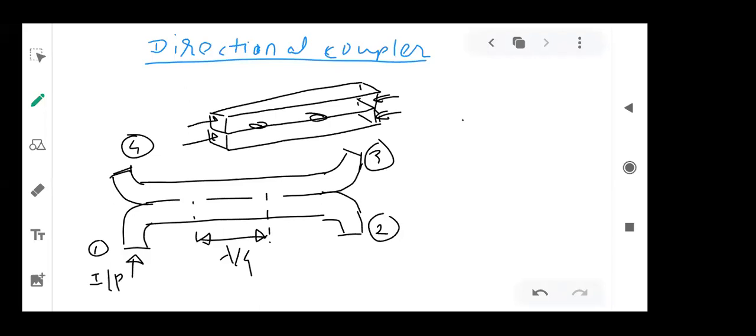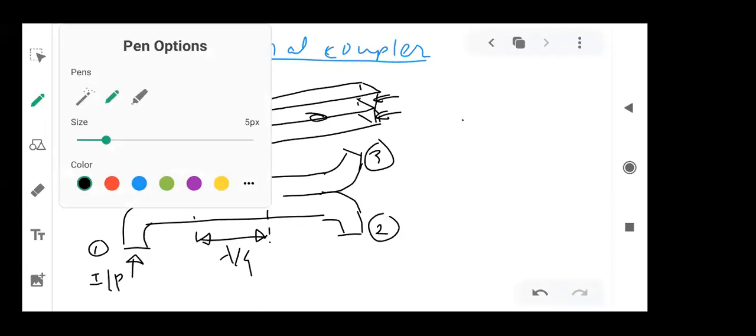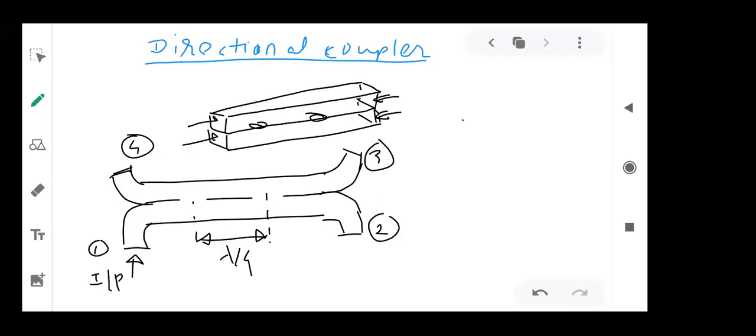So the signal which is coming from port number 1 moves like this, and here it gets divided because it finds that there are 2 different paths. The majority of the power will remain in the lower waveguide only, and a very small part of the signal gets coupled.